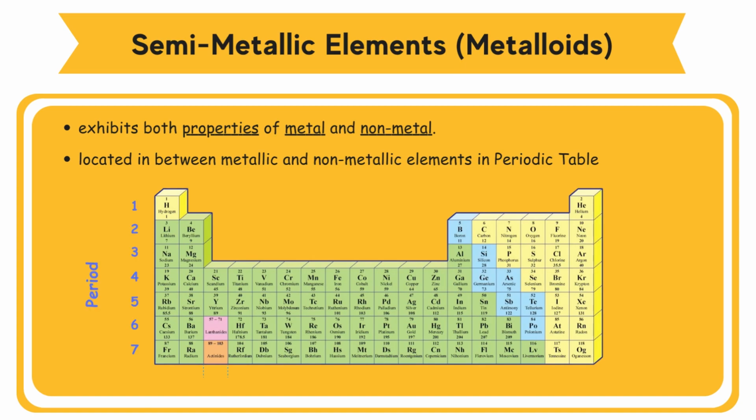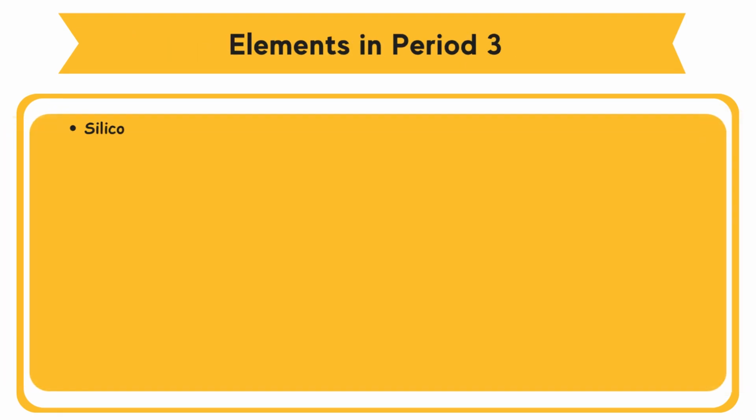The semi-metallic elements in each period: Period 2, boron, B; Period 3, silicon, Si; Period 4, germanium, Ge, and arsenic, As; Period 5, antimony, Sb, and tellurium, Te; Period 6, polonium, Po. Silicon and germanium are widely used in the microelectronic industries.